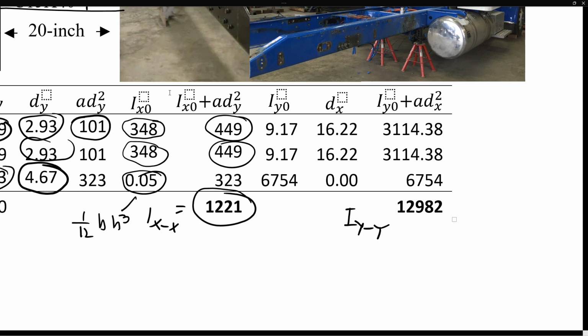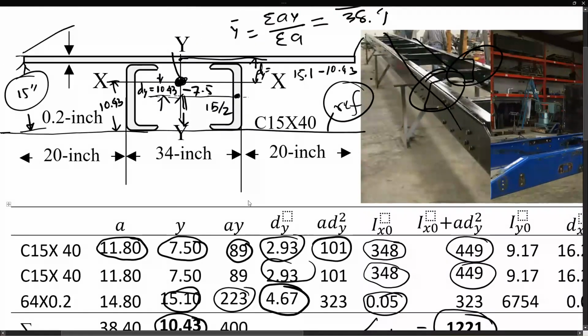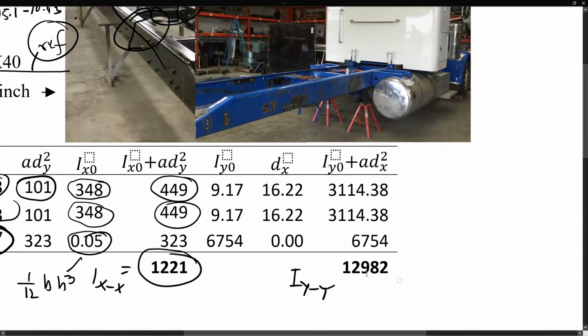This is the Iyy. Now the Ix, you're calculating basically for the cross section, with respect to the center of gravity, the centroid, for Ixx. Now you can also calculate the Iyy. We calculated that one is 12,982.